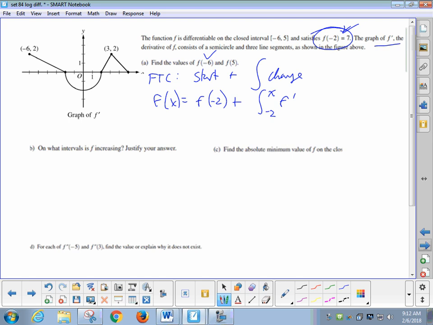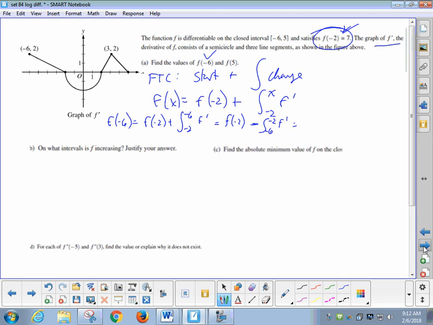After that, you have to be very solid with details. So if I want f of negative 6, that's f of negative 2 plus the change from negative 2 to negative 6. Now, we talked how if this is going from greater to lesser, that's not good. We would like to rearrange this and call this more like the opposite and go from smaller to greater. Are you with me?